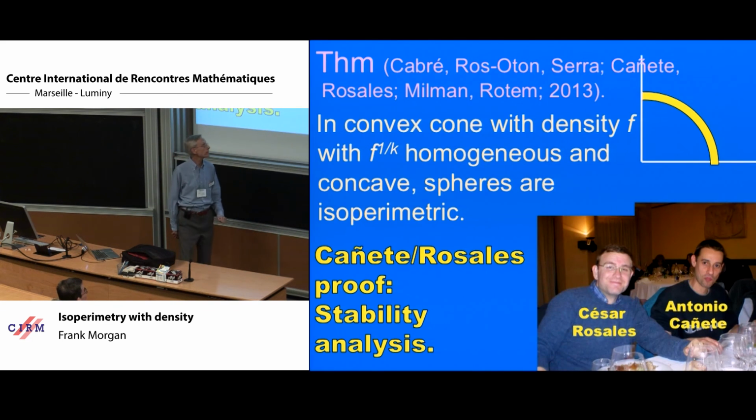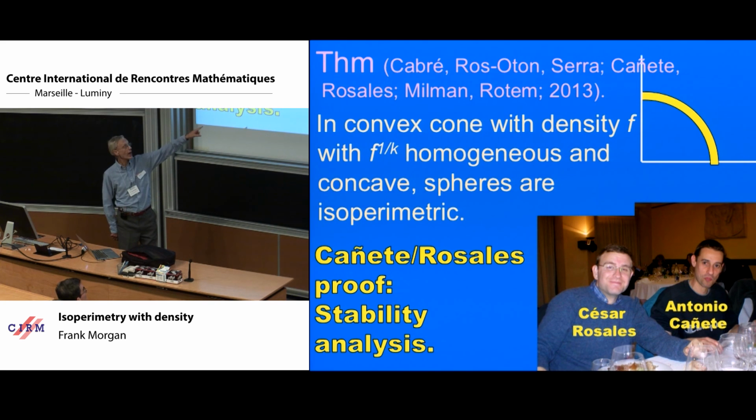There were two other proofs that came out at about the same time. The Granada group, Rosales and Cañete, had a proof using stability analysis, which actually proves something more in many cases, that the only stable, smooth competitors were the spheres centered at the origin.